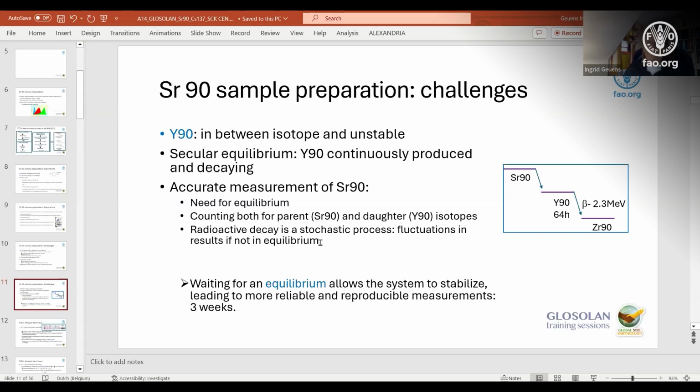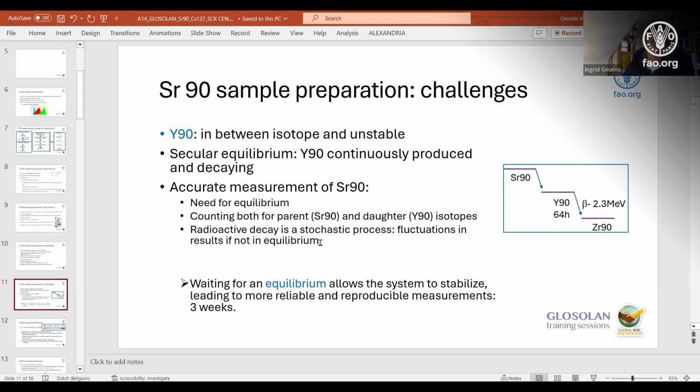Because radioactive decay is a stochastic process, fluctuations in the results will occur if we're not waiting for an equilibrium to happen. So we're always waiting for an equilibrium, allowing the system to stabilize, and that leads to more reliable and reproducible measurements.